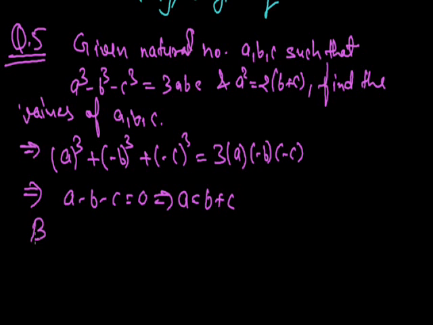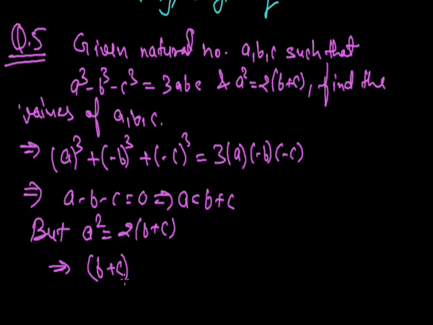But we are given that a square is equal to twice of b plus c. This implies that b plus c whole square is equal to twice of b plus c. From here we can say that either b plus c is equal to 0 or b plus c is equal to 2.